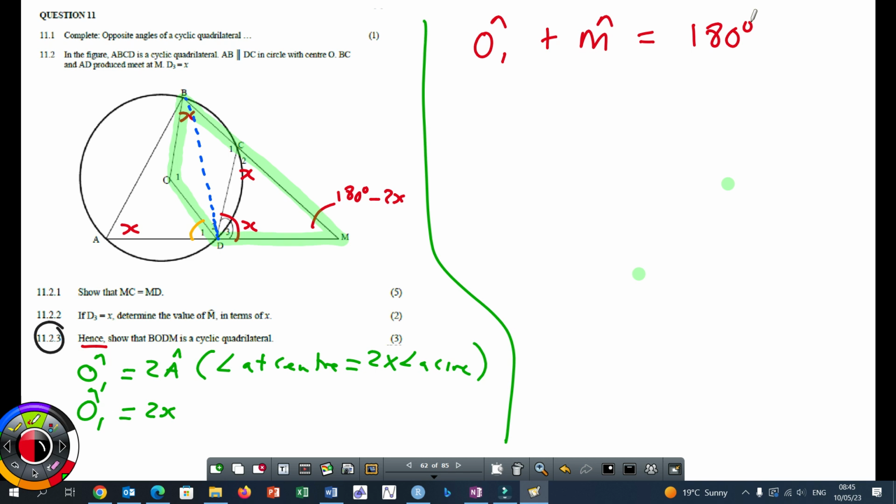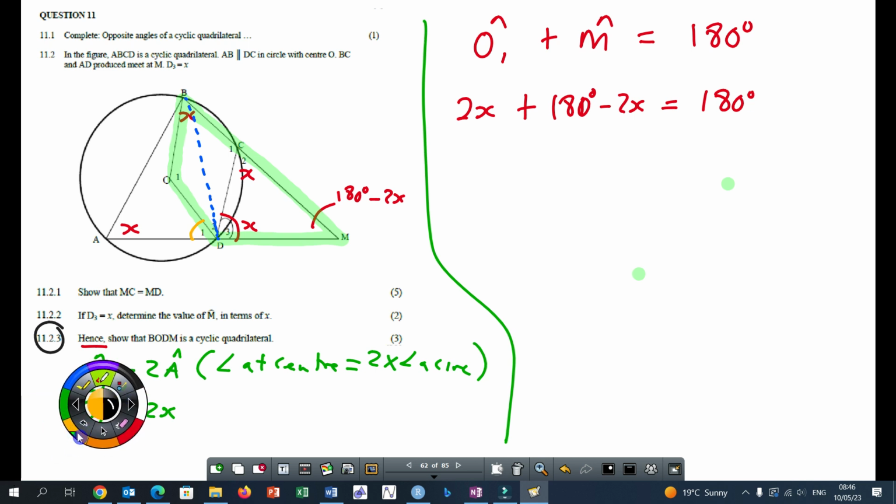Now, let's see if whatever is on the left is going to be equivalent to what's on the right. So O1 is 2x. Angle M is 180 degrees minus 2x. Then we simplify the left-hand side. Hey, can you pay attention? Stop looking down. These two here will cancel out.